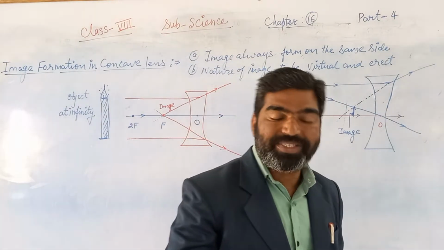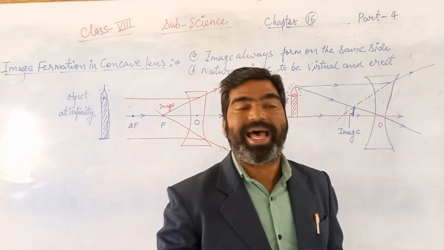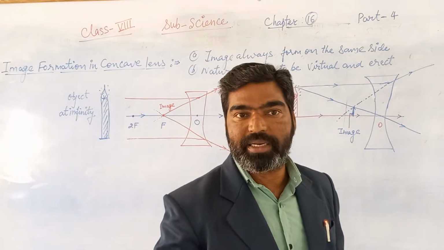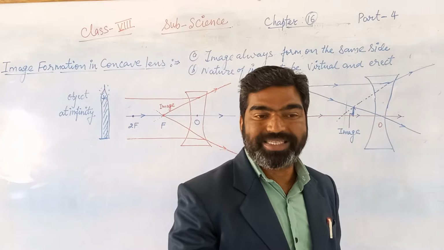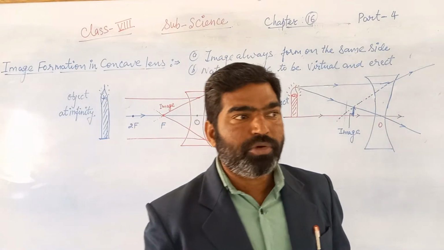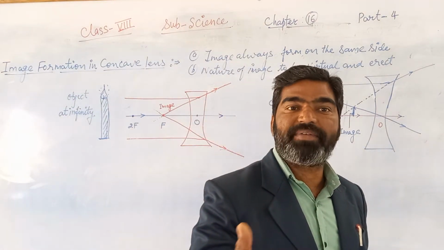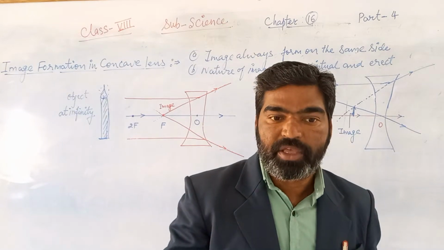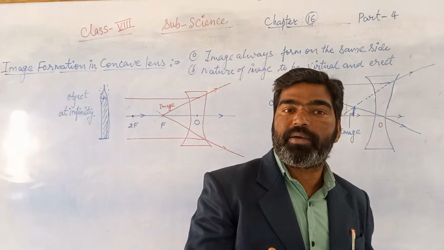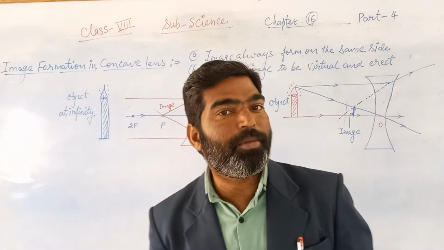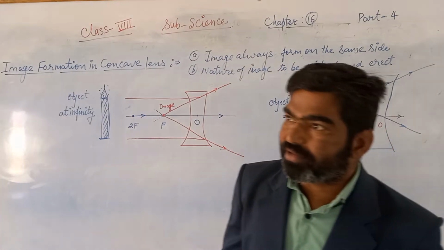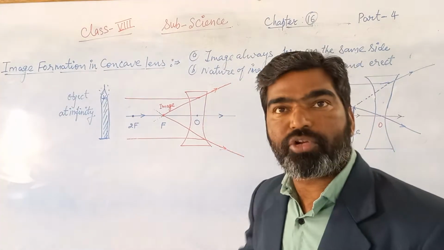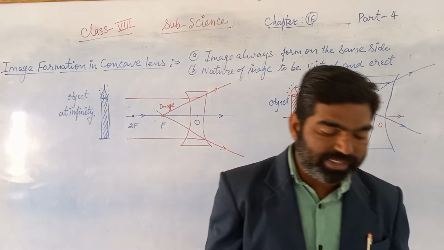Generally we see this in the headlight of a bike, a car, and a torch, where we use a diverging lens which spreads the beam of light.